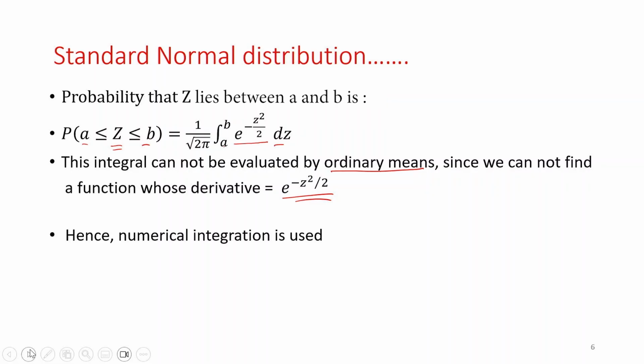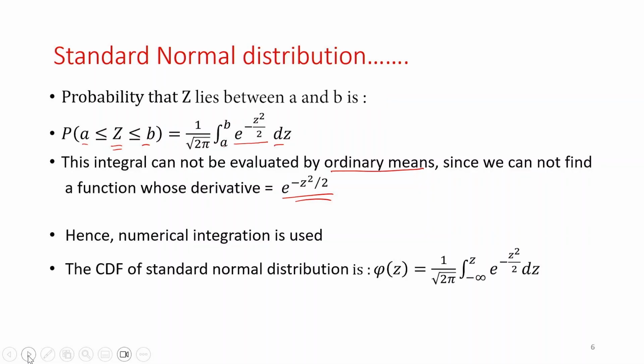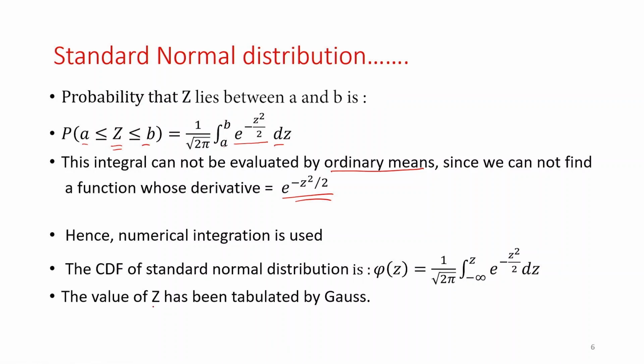Now, what has been done is that numerical integration is used to find out the areas between two limits a and b. So, this has been found out, and the z values have been tabulated by a mathematician called Gauss.